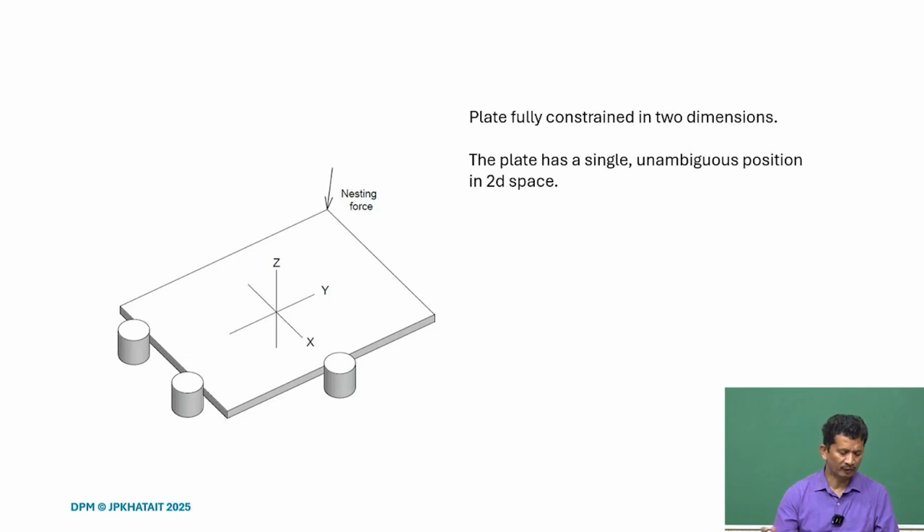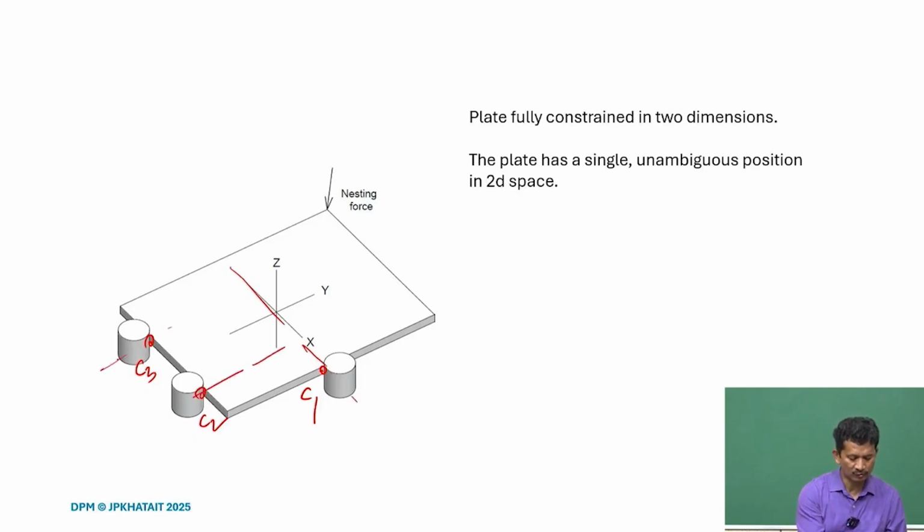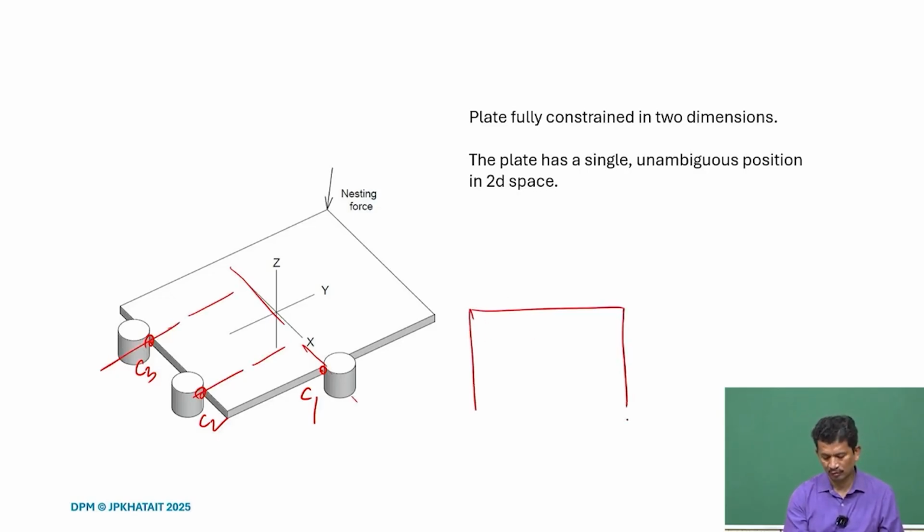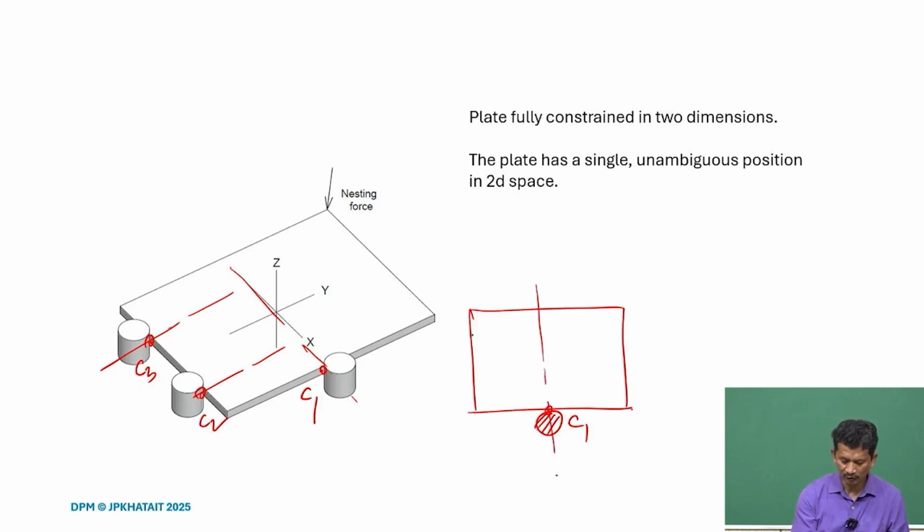Moving further, if we increase the number of constraints, C1, C2, C3, what we realize here is one along x, and there are two constraints provided along y. C1 along x, and two constraints here, C2 and C3.